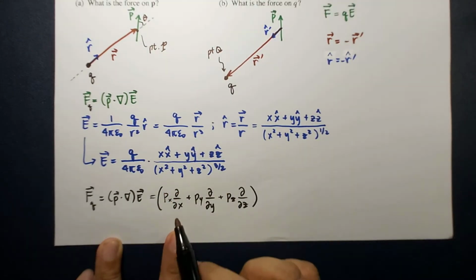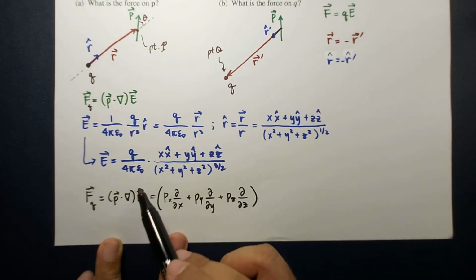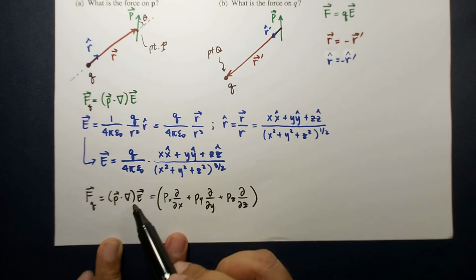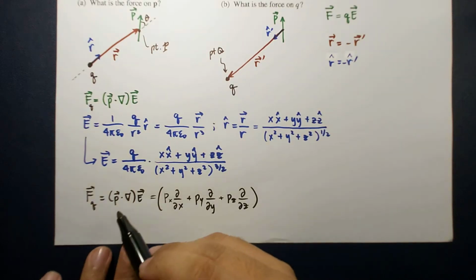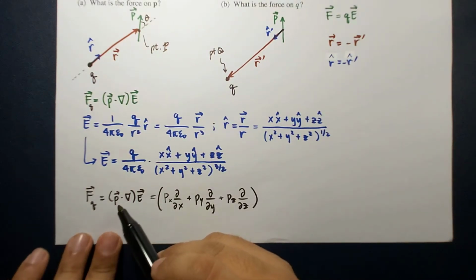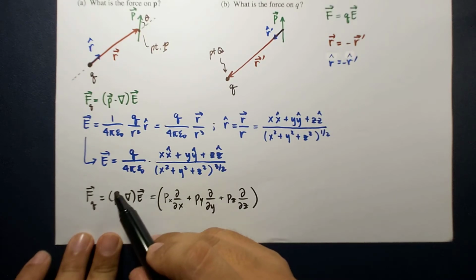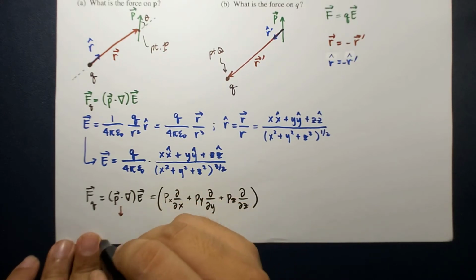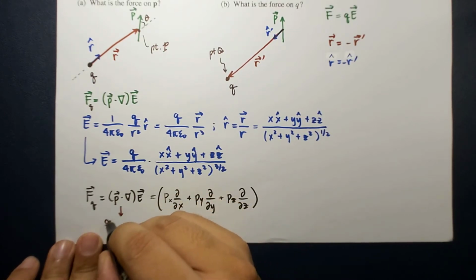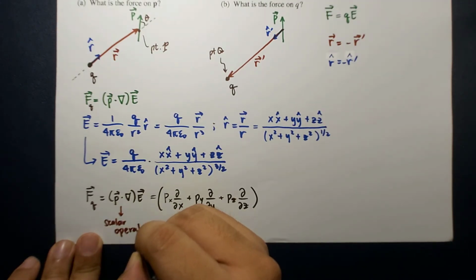This whole term is actually an operator, and it operates on your vector E. While del is a vector operator, taking the dot product between a vector and a vector operator results in a scalar operator.